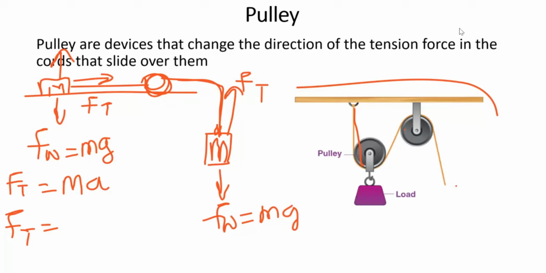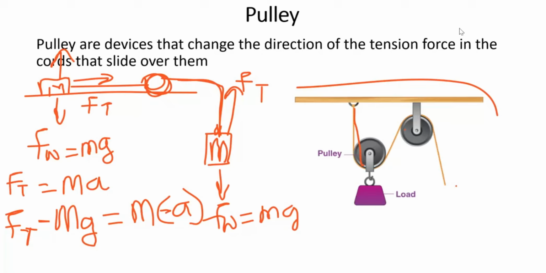Now, since the tension is in the other direction, the tension force here would be Ft minus the big mass weight, which is equal to mass times negative acceleration, because it's in the opposite direction.